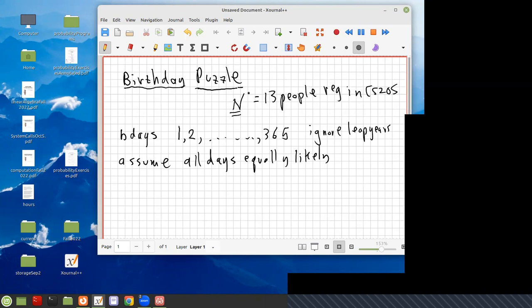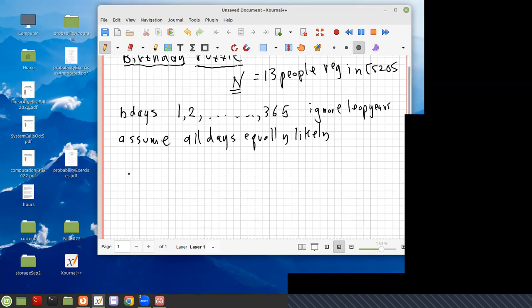Let's just do the special case of n equals 2 and see what the probability is that you take any two people and they have the same birthday. This will help us warm up for this problem.